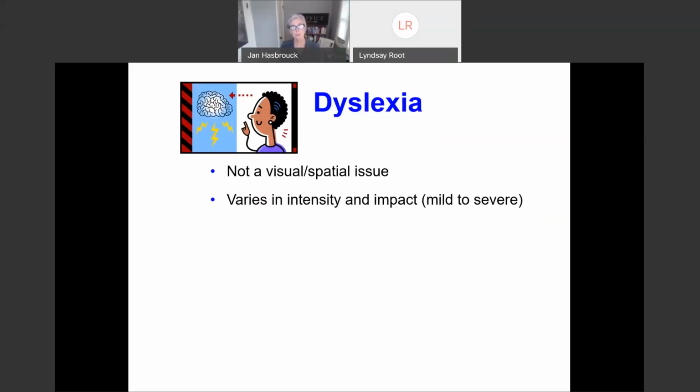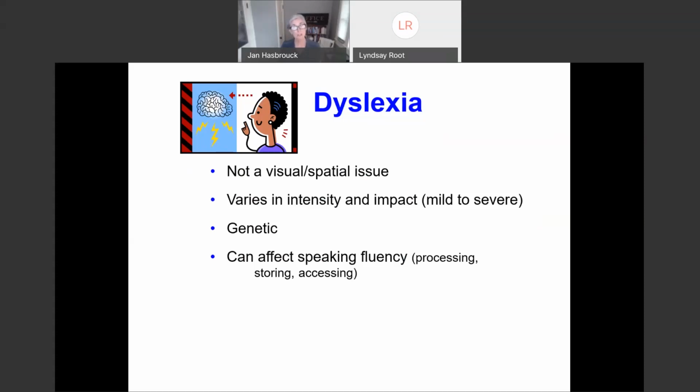We do have to be careful about that, though, because we don't want to deny a child services because we can't identify any dyslexia in their family. We do not yet have a genetic test. Most of the researchers working in that field of genetics are saying we probably never will find the gene. It's not a single gene, but we do know that in most cases, students have inherited dyslexia from their parents and or grandparents.